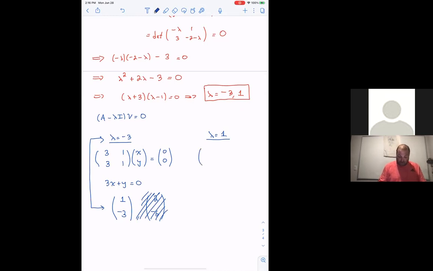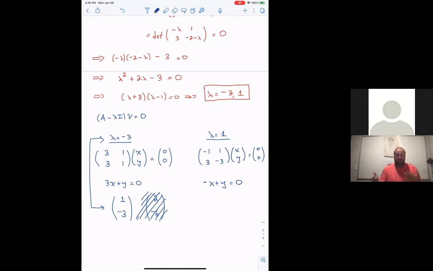For the other one, lambda equals 1, I go back up here. Remember, this is my A minus lambda I. So negative 1, 1, 3, negative 2 minus 1, negative 3, times the currently unknown x, y is equal to 0, 0. First line gives me negative x plus y is equal to 0. Second line, by the way, gives me 3x minus 3y is equal to 0, which gets me to the same place.